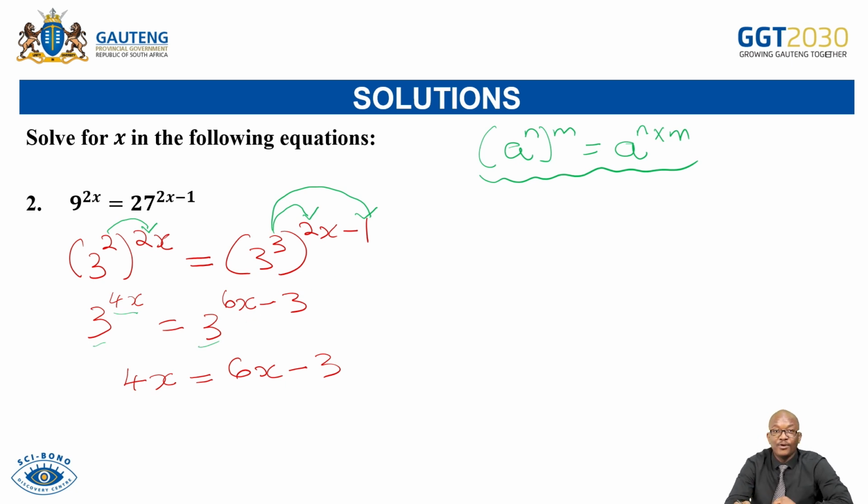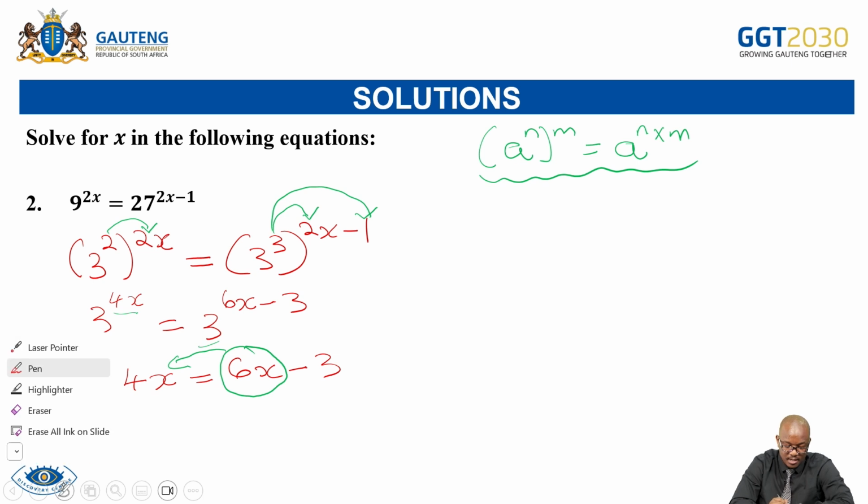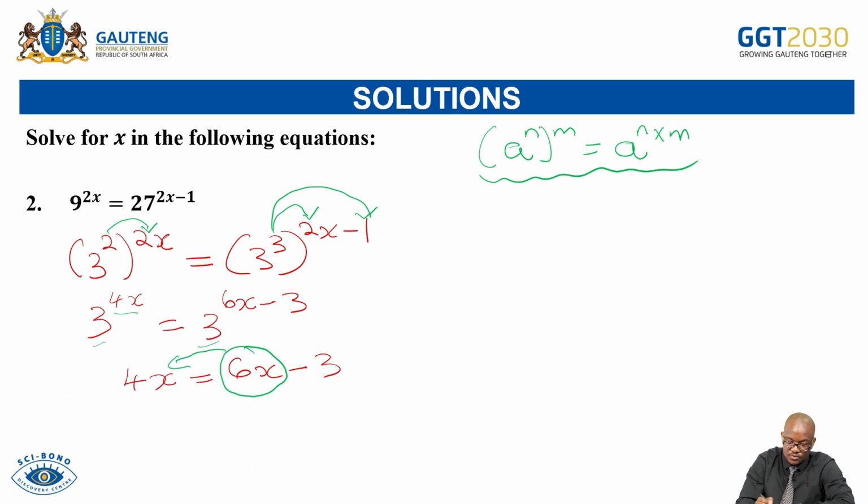Now we have to make x the subject of the formula. We look into our mathematical operations and we transpose that 6 to the left-hand side. So we are basically going to have 4x minus 6x is equal to negative 3.